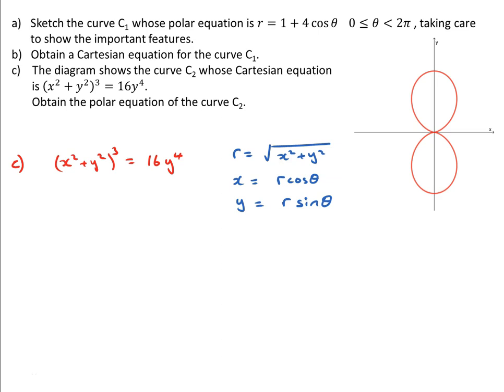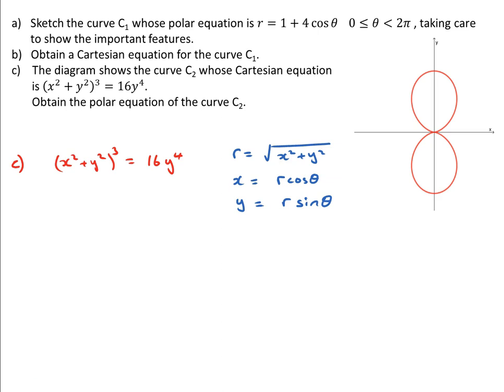We've got r as the square root of x squared plus y squared, x is r cos theta, and y is r sin theta. So straight away on the left hand side we notice that we've got x squared plus y squared all cubed. x squared plus y squared is just r squared, so the left hand side simplifies very quickly to r squared cubed.